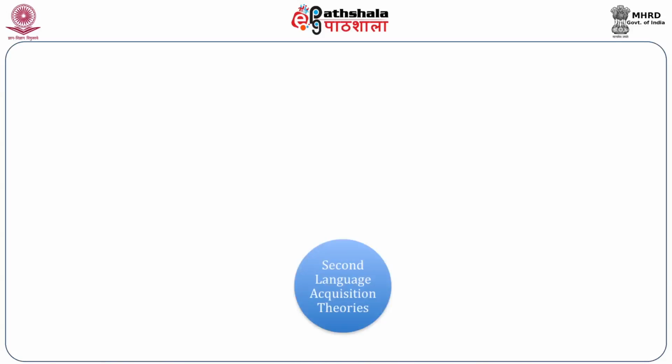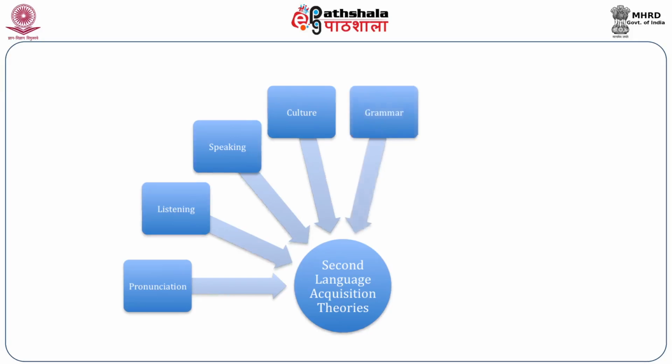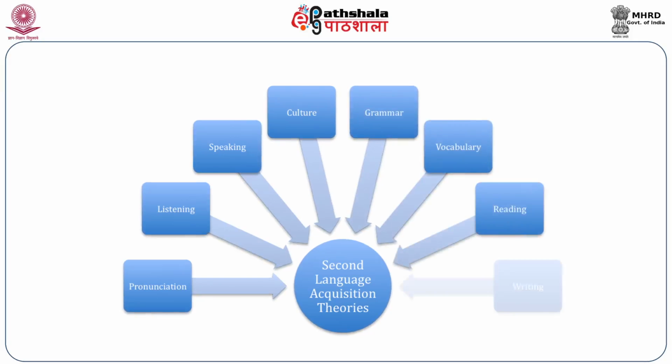Now, second language acquisition theories are there, but we are not discussing the theories here. We are just concerned with various factors, as you can see in this diagram: pronunciation, listening, speaking, culture, grammar, vocabulary, reading and writing. All these factors are very, very important for English language learners and the particular society in which they live.